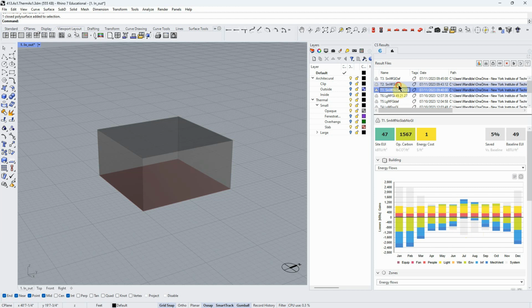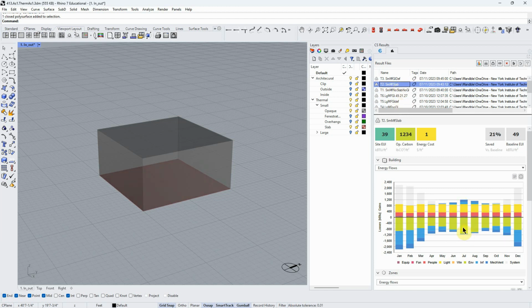And if I look at the slab, now I've got a bunch of losses through the envelope and no cooling load. Well, losses are bad, right? No, they're not. If it's the summer and it's too hot inside, the floor becomes a heat sink to pull heat out, especially at night. Anyway, let's not get into details.